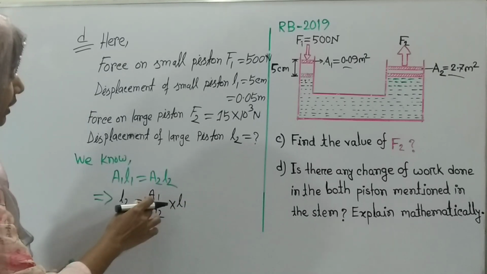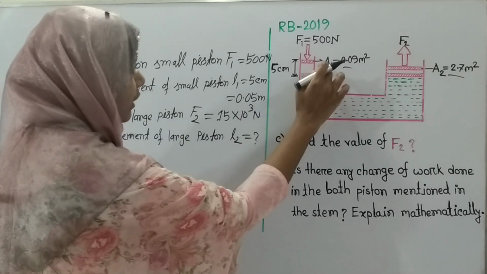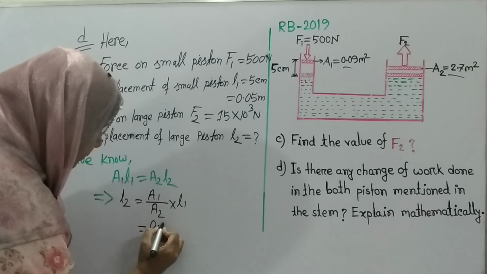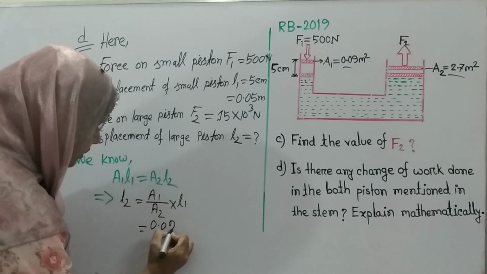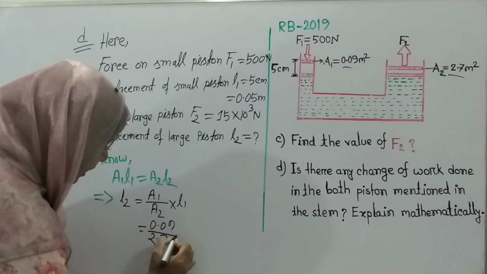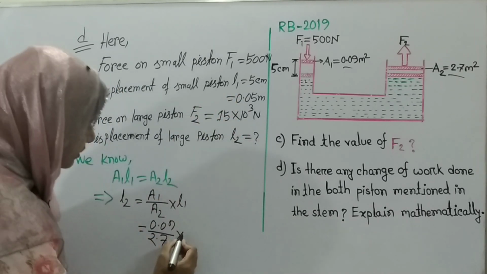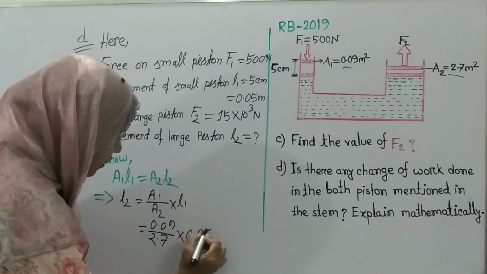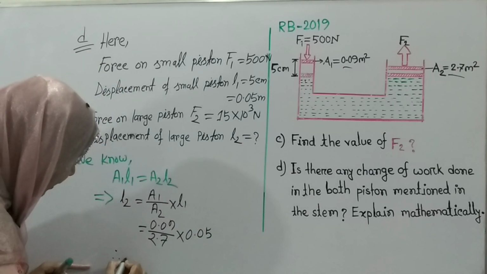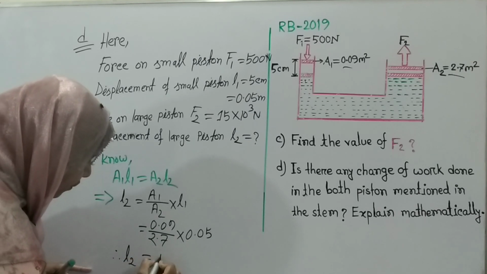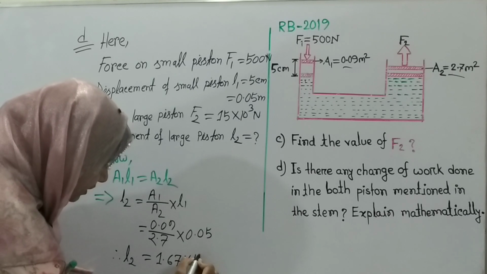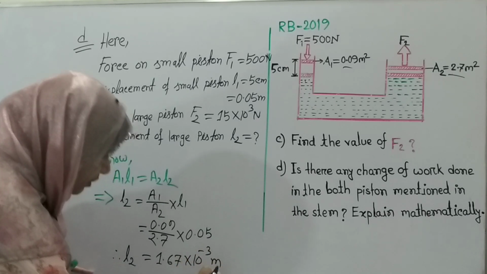The value of A1 is 0.09, the value of A2 is 2.7 and the value of L1 is 0.05. After calculating it, you will get the value of L2 is 1.67 into 10 to the power minus 3 meter.